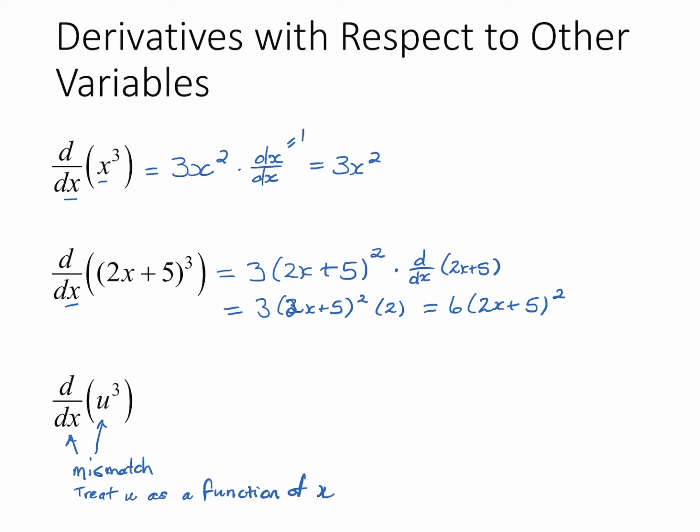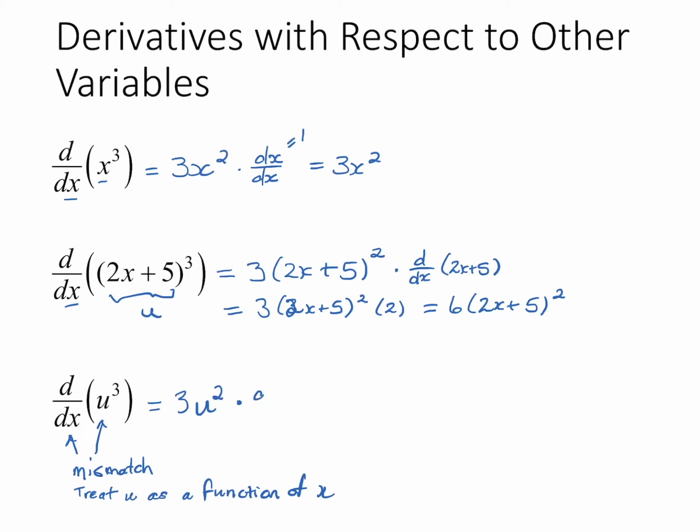So, in other words, this is going to be very similar to what we just did. So the 2x plus 5 in the previous example is almost like the u in this one. So we have some function of x, we just don't know how it's defined, being cubed. So when we take the derivative, the 3 is still going to come down. The exponent will be subtracted by 1, so we'll have u squared.